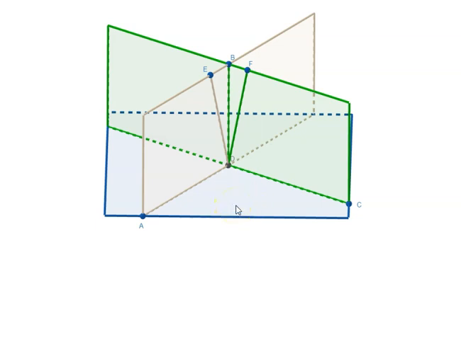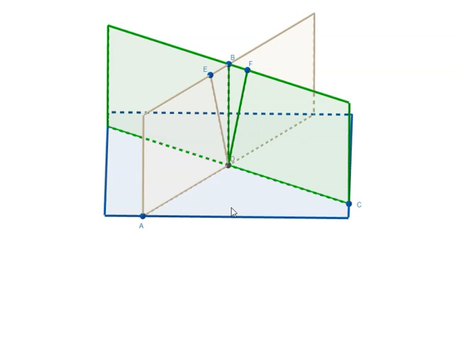And as we have seen in one of our previous propositions, that is not possible. So because of this impossibility, our assumption was wrong, that BD is not perpendicular to the plane of reference.